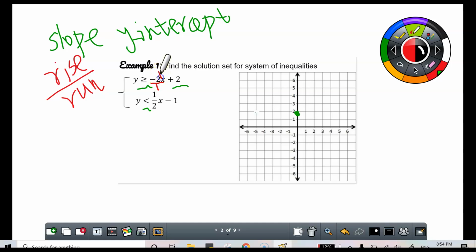So we're going to go down 2, go right 1, okay? So from the y-intercept, go down 2 units, and then go right 1. Stop here. This is the next point on the line. Okay? And keep doing it from the second point. Go down 2, go right 1. Keep doing this.